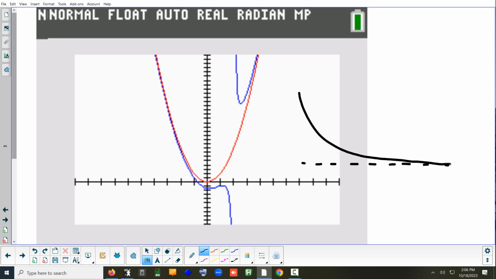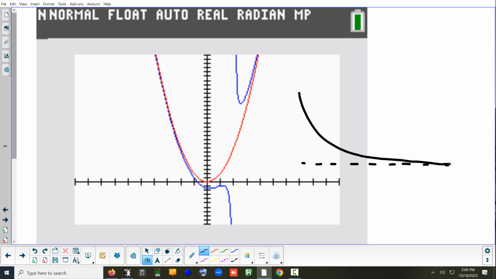They got closer and closer to that dotted line, but did they ever touch the dotted line? So we had something that was straight, that the graph was getting closer and closer to. This is something that is curved, that the graph is getting closer and closer to. So the red thing is a curved shape, and the blue one gets closer and closer to the red one over time.